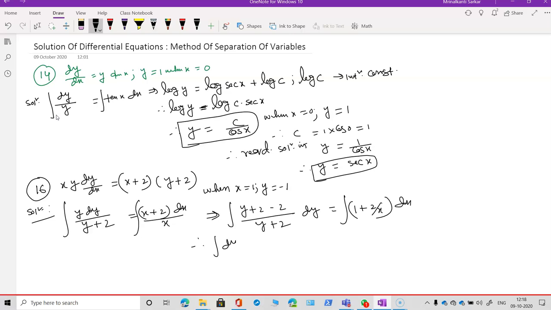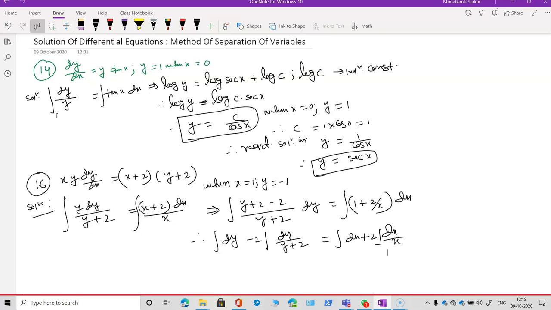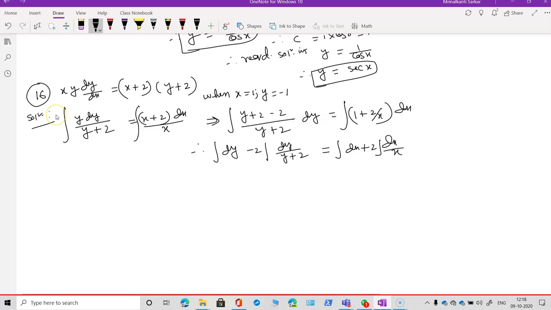Therefore, dy minus 2 dx by x. So this implies that y minus 2 log mod y plus 2 equal to x plus 2 log mod x plus c.